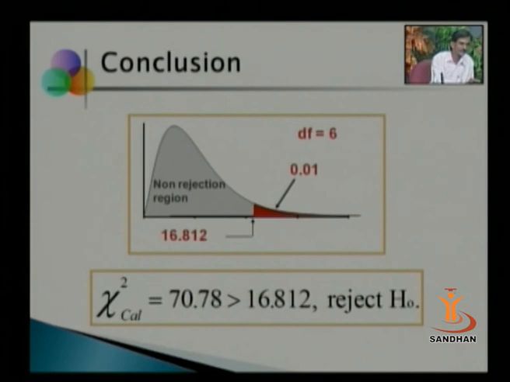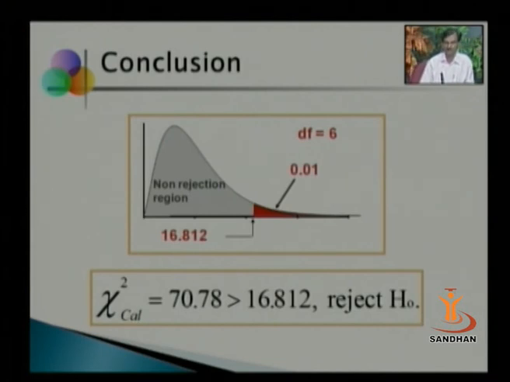So for 6 degrees of freedom, the chi-square table value at 1% level of significance is 16.812. The calculated value is 70.78, the tabulated value is 16.81, so calculated is greater than the table value.